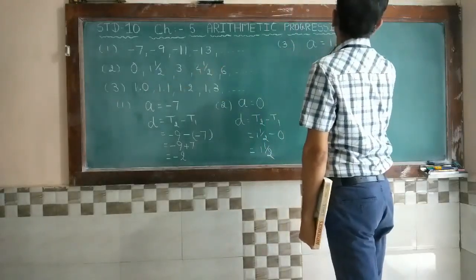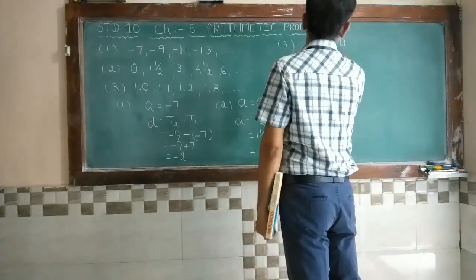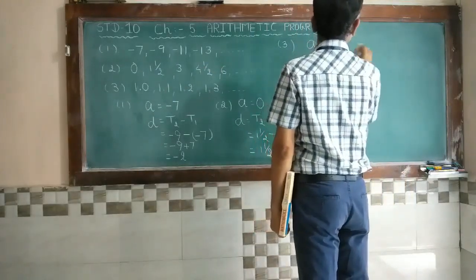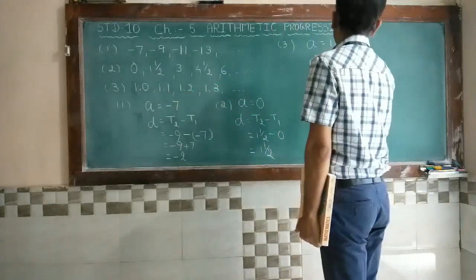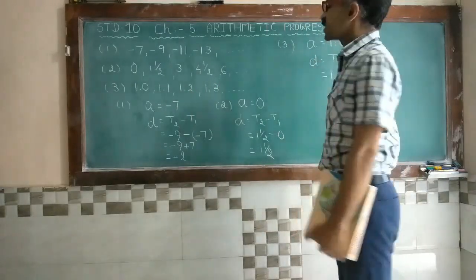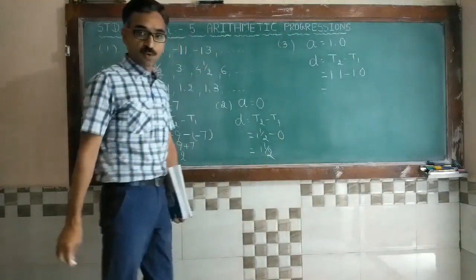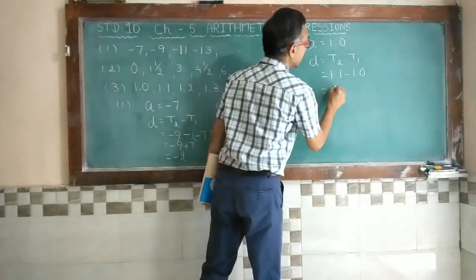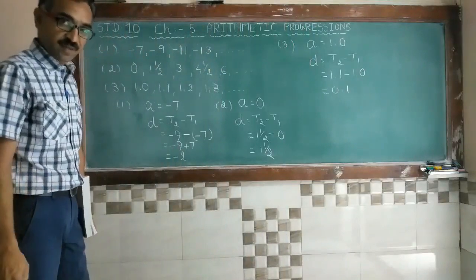You can write 1.0 or you can write 1. Common difference D, that is T2 minus T1. Which one is your T2? 1.1. So it is 1.1 minus 1.0. That means 0.1. So this is your common difference.